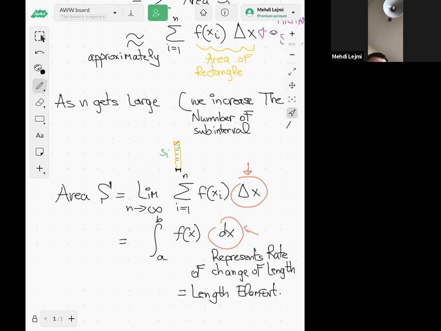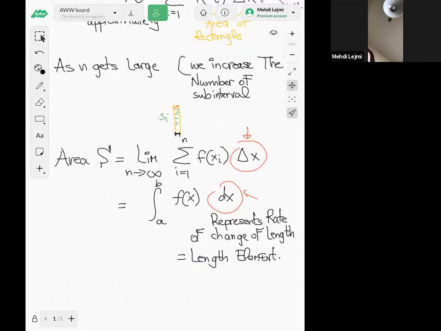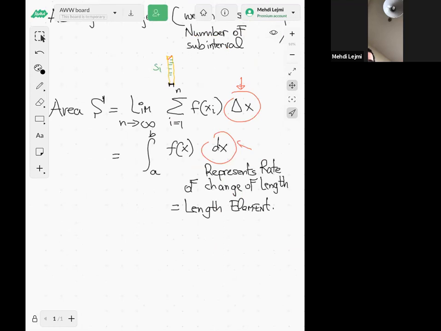Why is it called the length element? Well, in some sense because it allows you to compute the length of your interval AB, right? So let me just make a couple of remarks here.